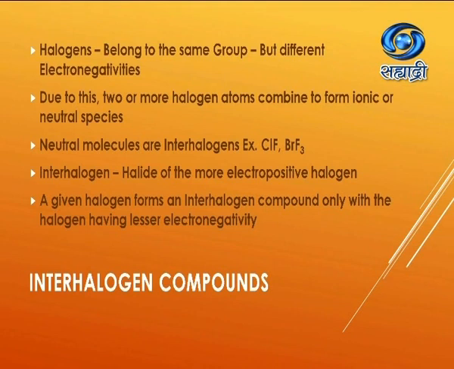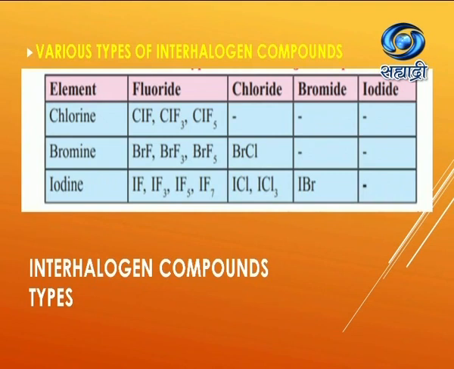So in the earlier example, ClF, the more electropositive is chlorine. Fluorine is electronegative, and so I can say that it is the fluoride of chlorine, that is chlorine monofluoride. A given halogen forms an interhalogen compound only with the halogen having lesser electronegativity. This point one must remember.